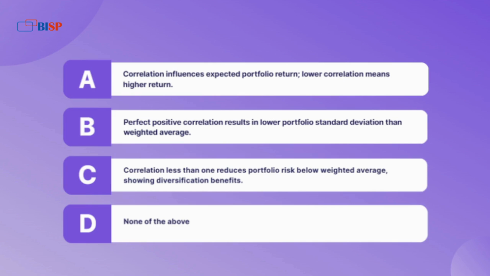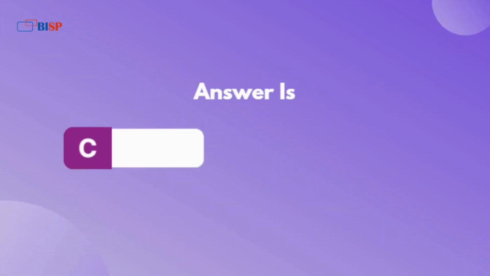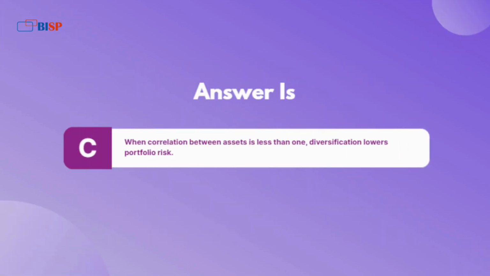C. Correlation less than 1 reduces portfolio risk below weighted average, showing diversification benefits. D. None of the above. Answer is C. When correlation between assets is less than 1, diversification lowers portfolio risk.